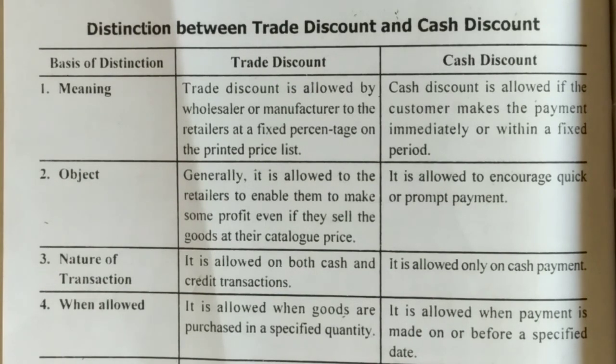Now what is the objective of this? Generally, trade discount is allowed to the retailer to enable them to make some profit even if they sell the goods at their catalog price. So MRP is printed on all the goods.